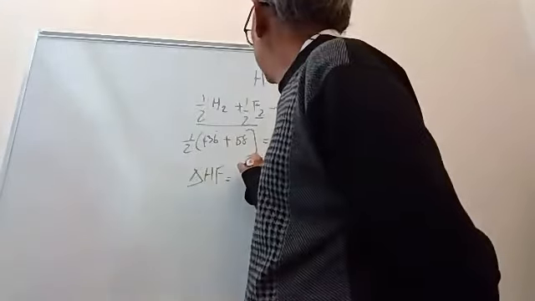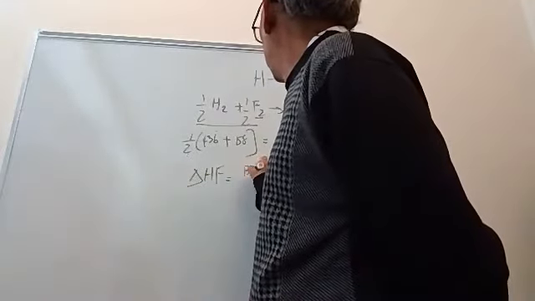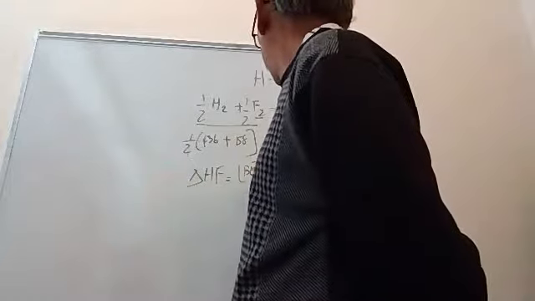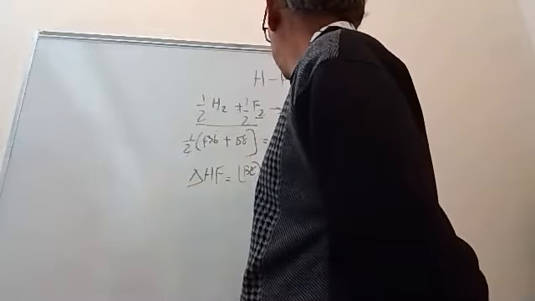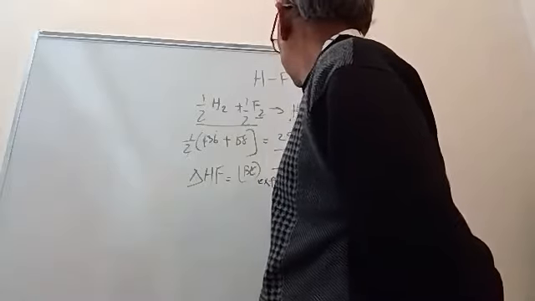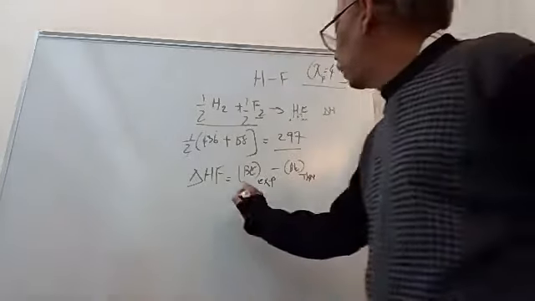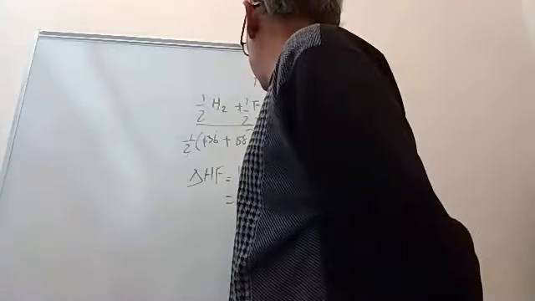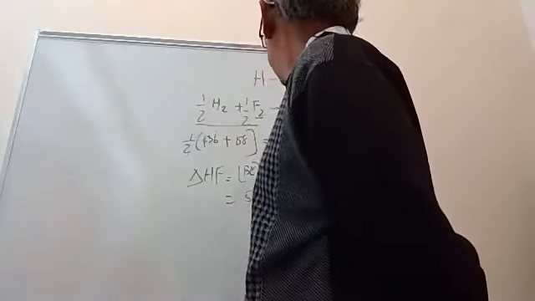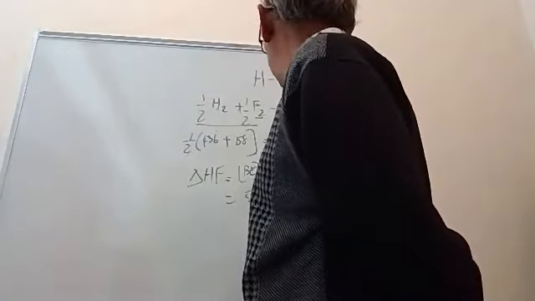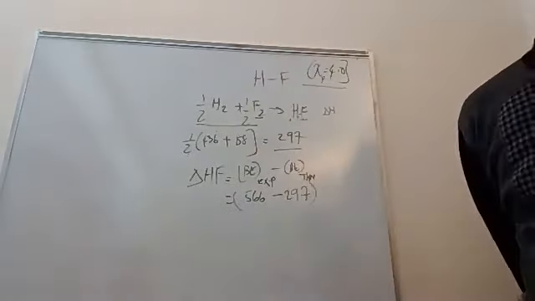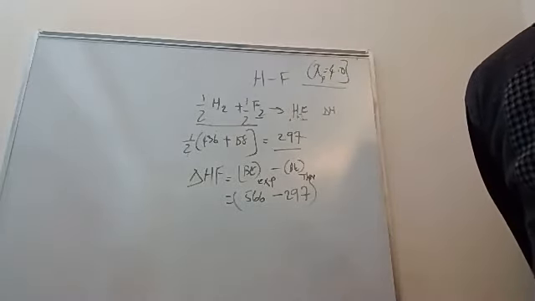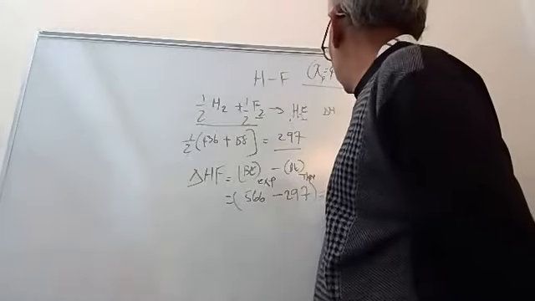That is the bond energy that we get experimentally minus the bond energy that you get theoretically. Experimentally, people find that it takes about 566 kilojoules as opposed to the theoretical value of 297. So that difference due to the electronegativities is about 269 kilojoules.